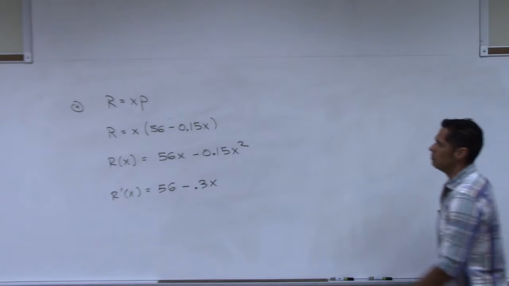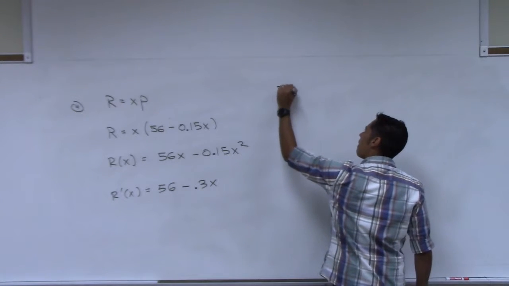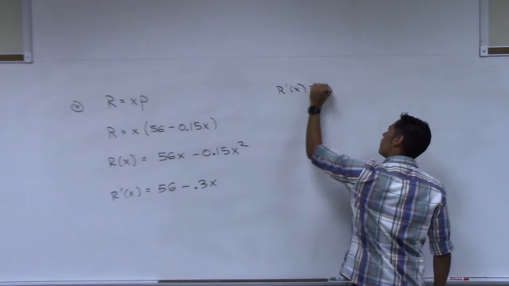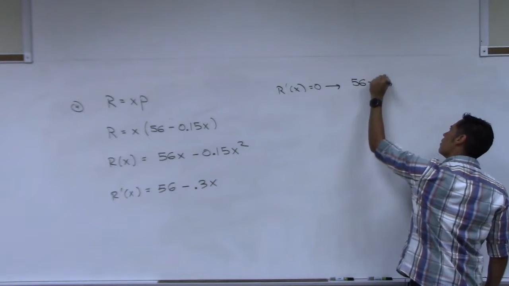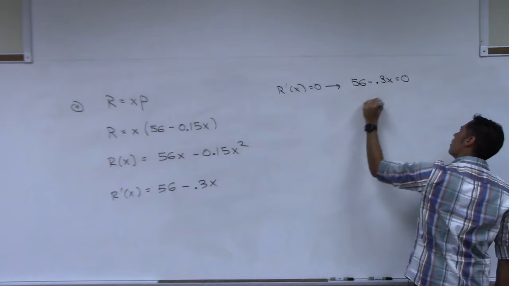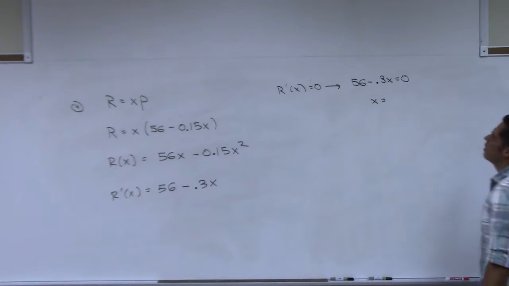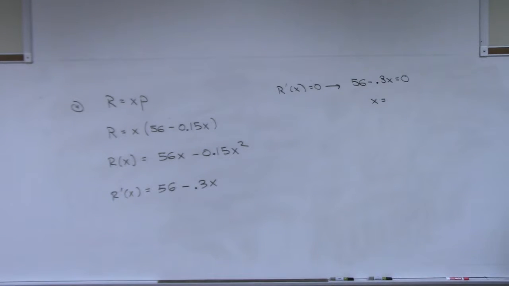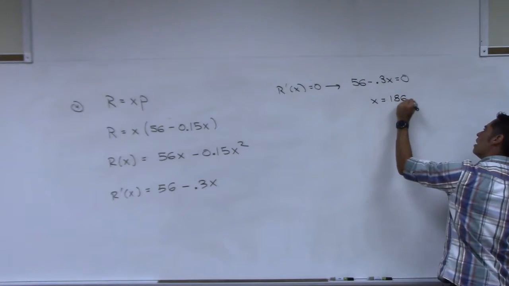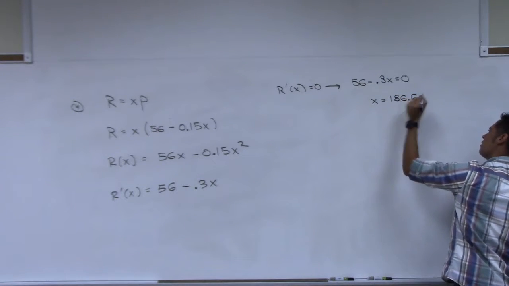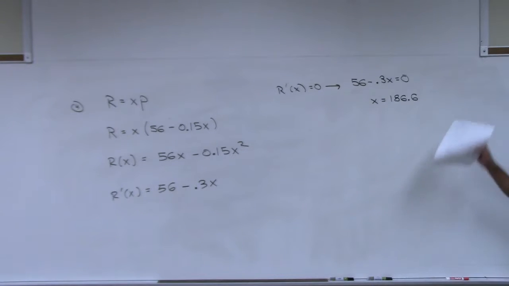Set that to 0. So what do we get there? 186.6 something? 7. Good enough.